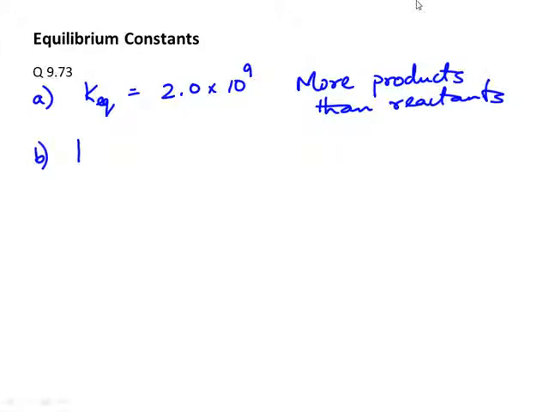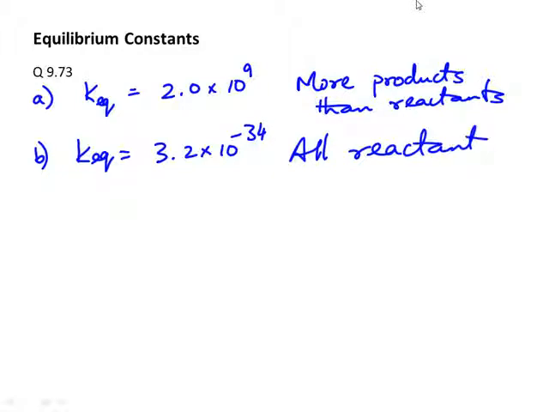B, K equilibrium is given as 3.2 times 10 raised to minus 34. So once again, going back to the table, when the K equilibriums are very small, less than 10 raised to minus 30 or below that, then essentially the reaction equilibrium is all towards the reactants, and there's hardly any products in here. C, K equilibrium given is, that's at 460 degrees Celsius.